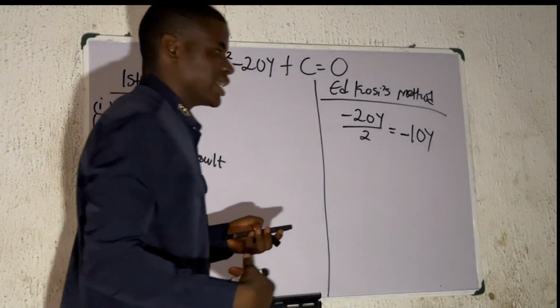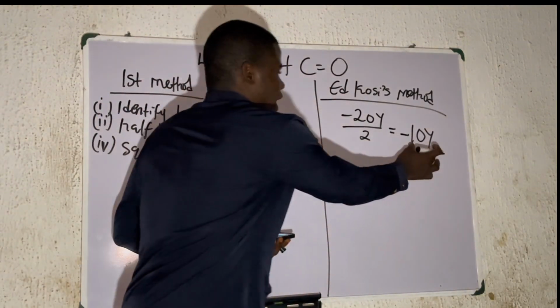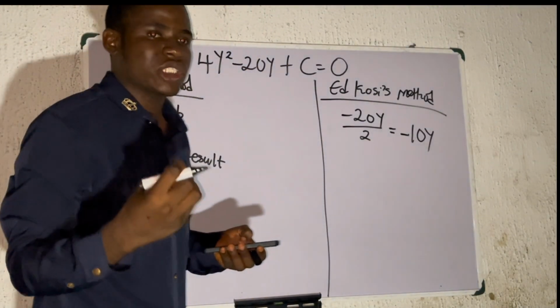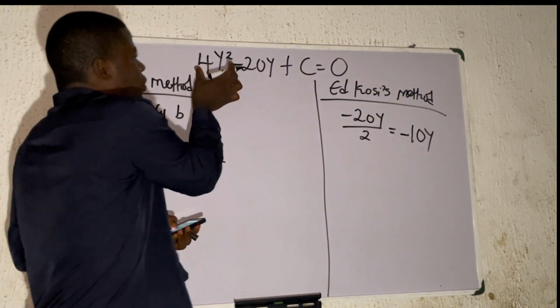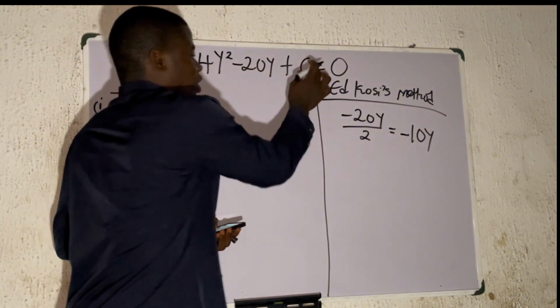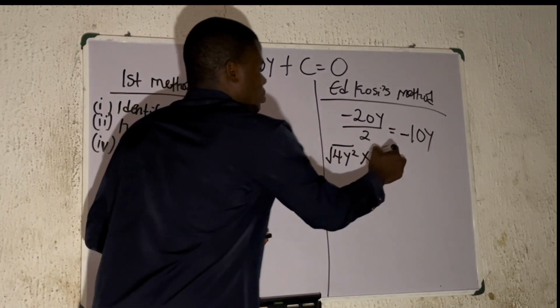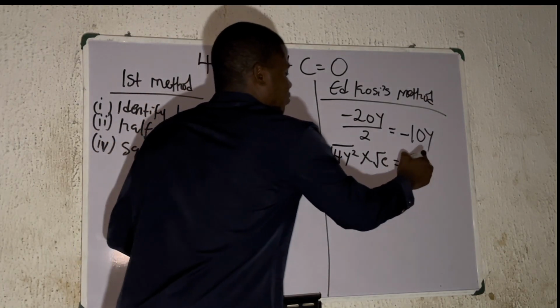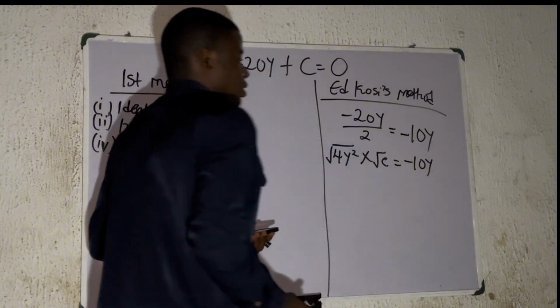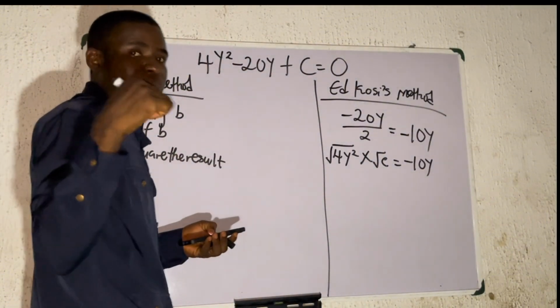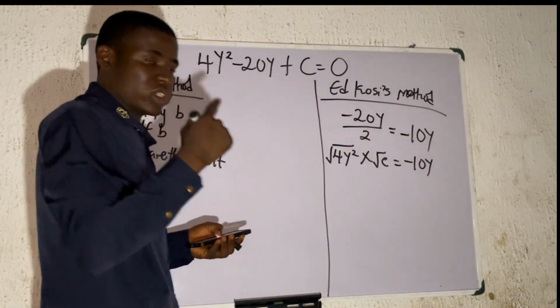Then I ask myself, how was this minus 10y gotten? It comes from the square root of the first term times the square root of the last term. The square root of 4y squared times the square root of c gives the minus 10y. I hope you go and watch the previous video so you really understand what I'm saying.